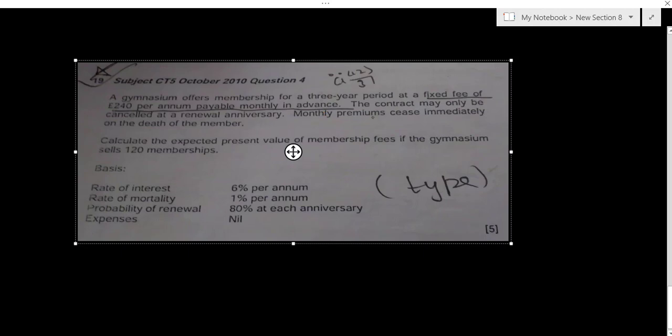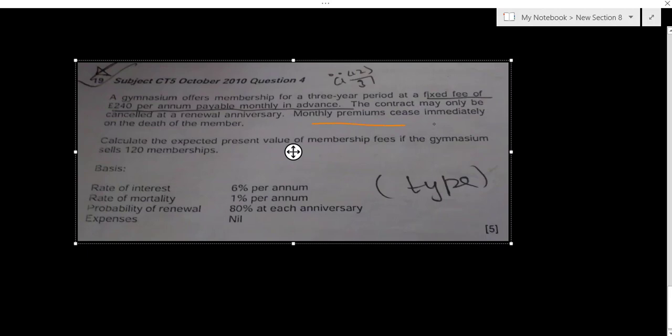The contract may only be cancelled at a renewal anniversary. So here people are not dying; instead, the contract may be cancelled. If the contract is cancelled, the annuity would basically stop. The monthly premium ceases immediately on death of the member.